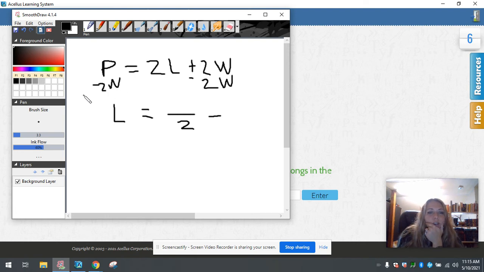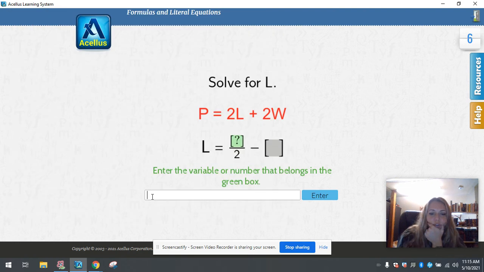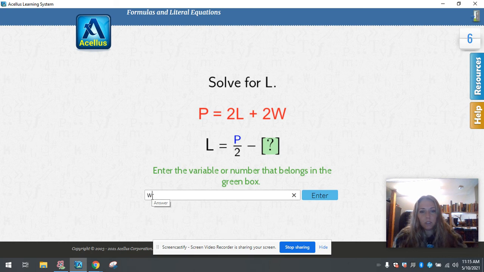So then on the left side, we have P minus 2W equals 2L. To get the L by itself, we divide by 2, and what I do to one side, I do to the other. So then I get P over 2 minus W equals L. So P over 2 minus W.